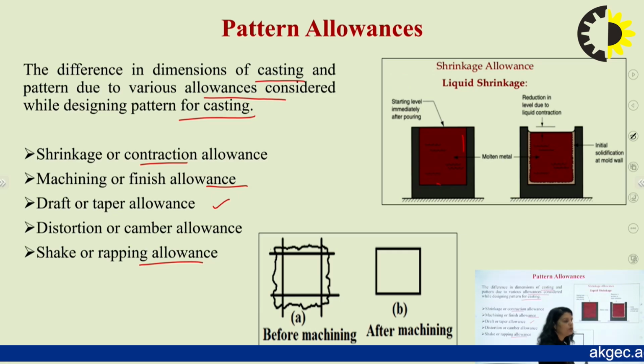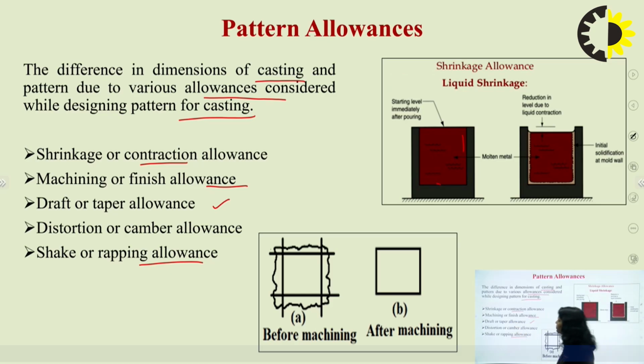We have to create our mold cavity larger than the required size, which happens when we make our pattern larger than the required casting. This margin is known as the allowance, so that we can get the exact size.